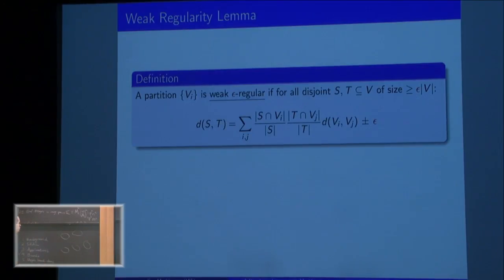But in the usual regularity lemma, you have a local guarantee: every or almost every pair, if you look at this bipartite graph here, is quasi-random. What the weak regularity lemma gives you is a guarantee which is global. If you take large subsets of the whole graph, so 5% here, 7% there, 35% here.